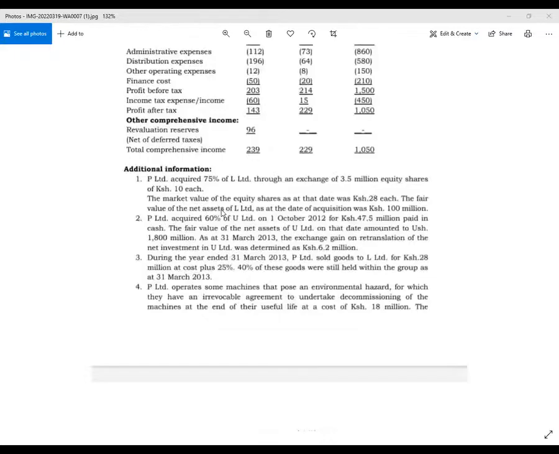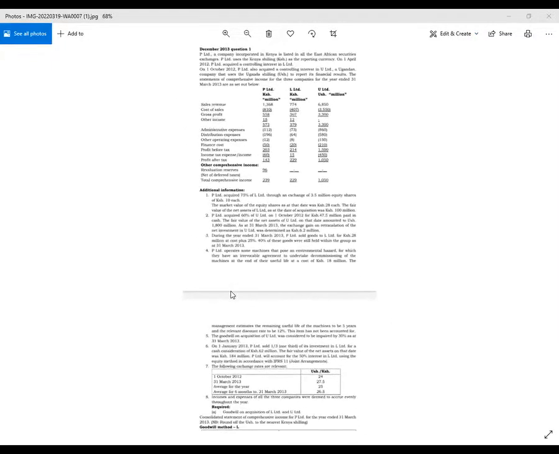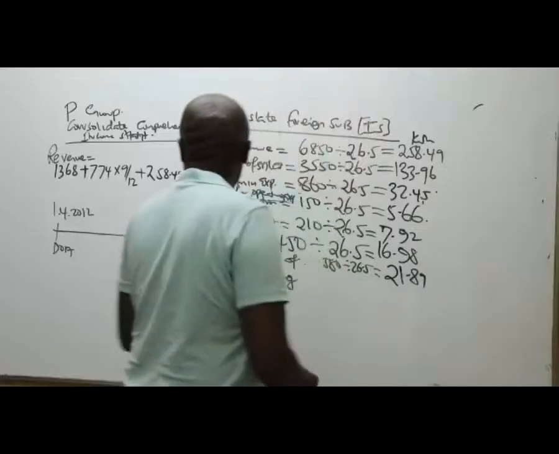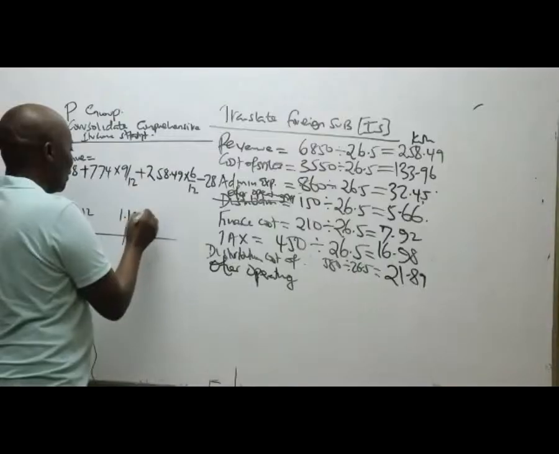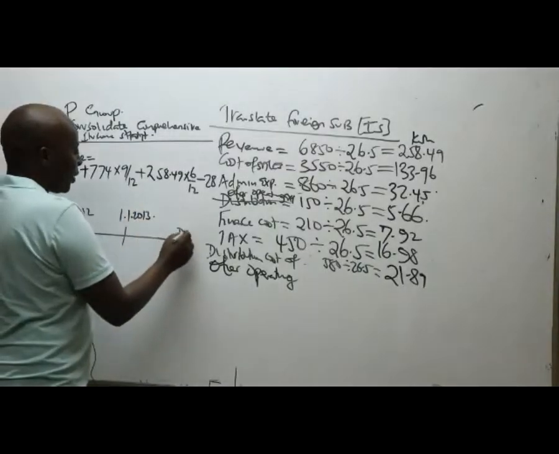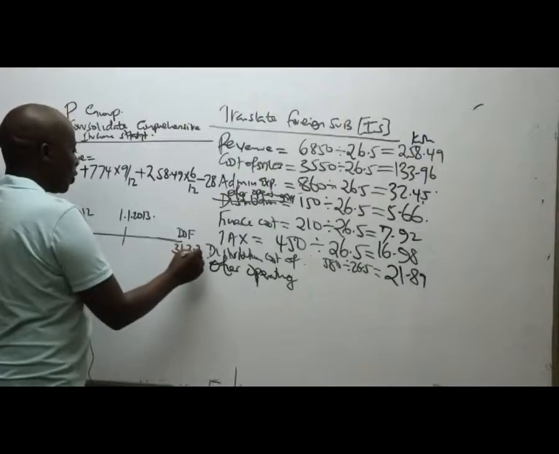On 1st January 2013, P Limited sold one third of its investment in L Limited. Which date? 1st January 2013. And then, of course, the date of the financial statements is 31st March.